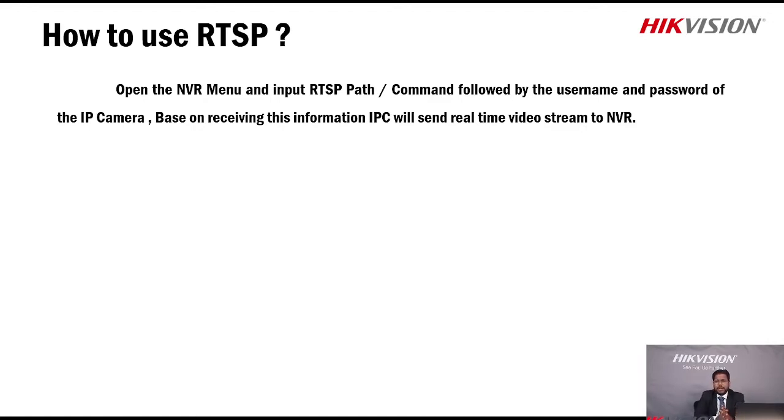So that's the simple logic behind RTSP, how the camera can communicate with your NVR, and how we ask to get the stream from RTSP. So there will be a need to put the specific command related to that camera in your NVR.